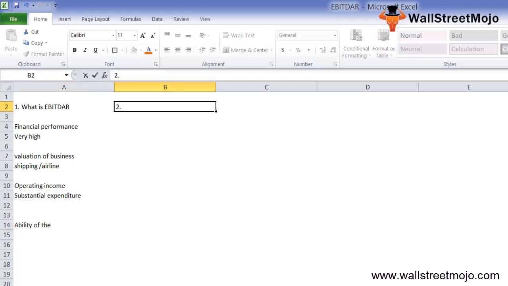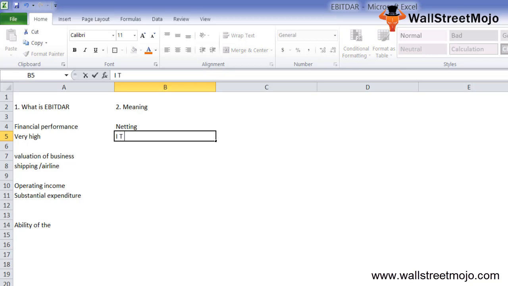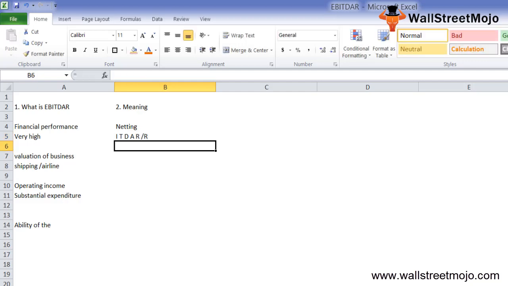Okay, now I'll go with the meaning of this particular topic. See, EBITDAR is a calculation of earnings of the company before netting the interest, taxes, depreciation, amortization and rent or restructuring. Okay, so this is how the formation will go, and it is used to basically determine the actual operating performance without taking the effect of the financial and investment decisions.